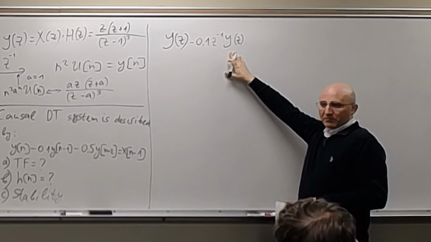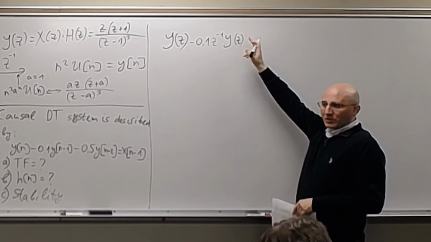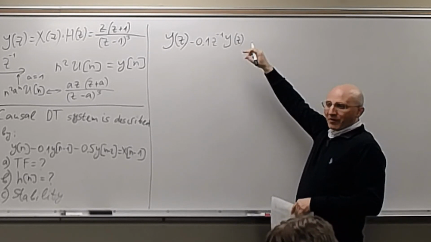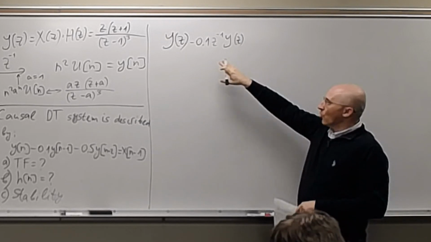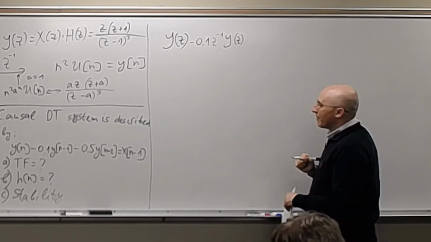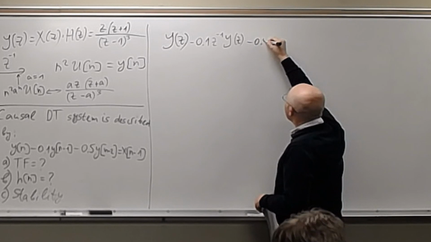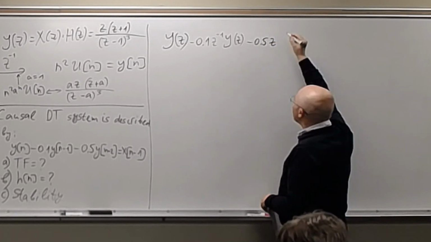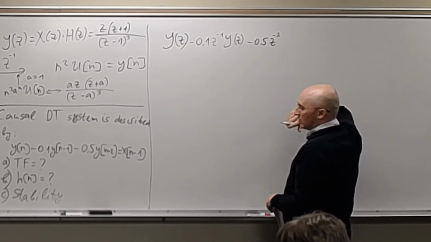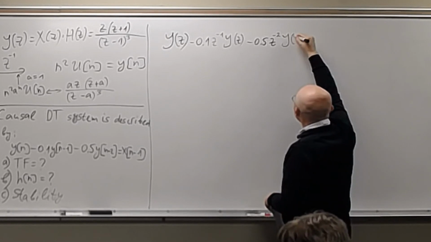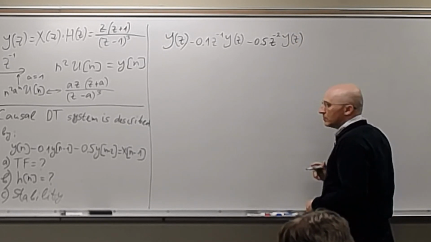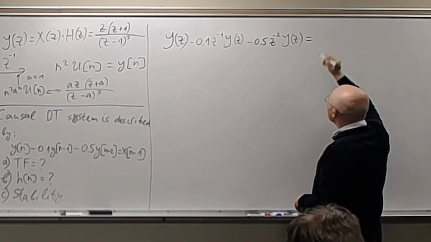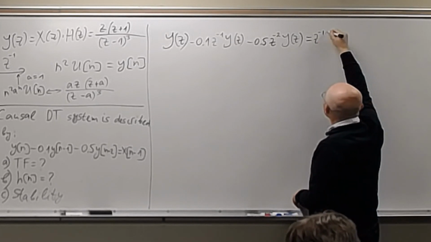It's not discrete. Because of that, I'm using not square brackets, but regular parentheses. So all of that is continuous now. Minus 0.5 z to the minus 2 Y(z) equals z to the minus 1 X(z).